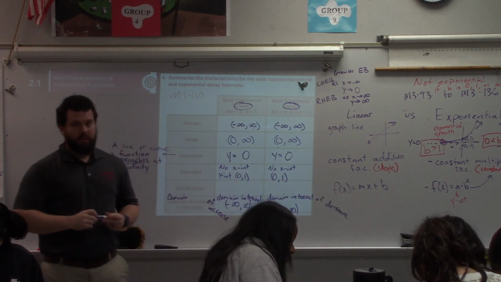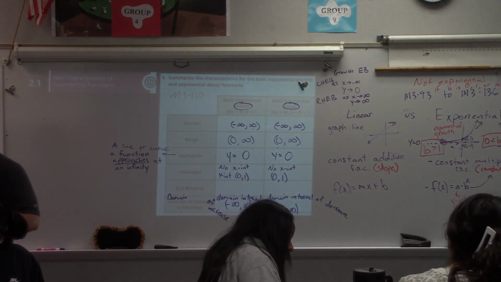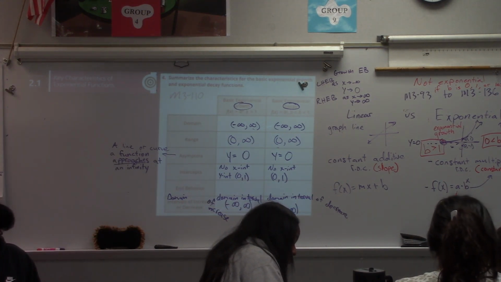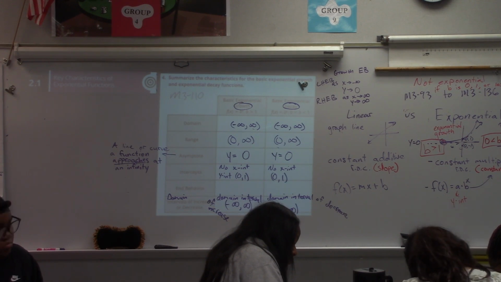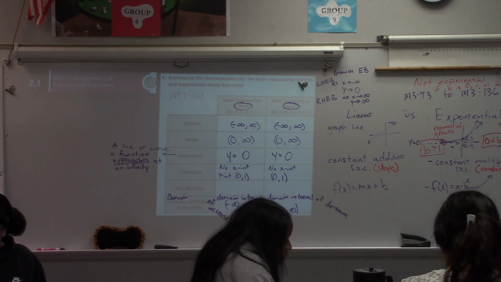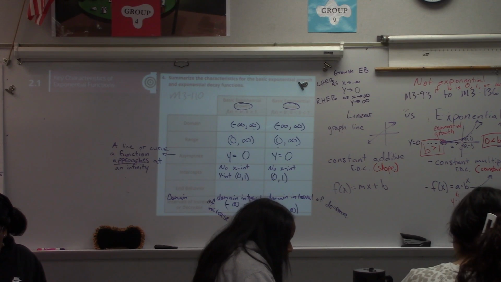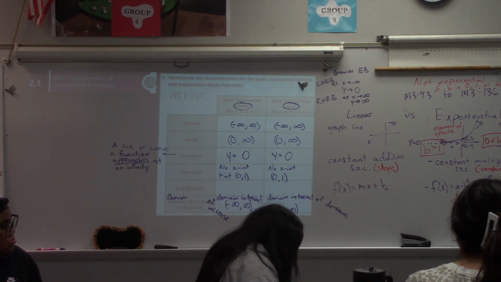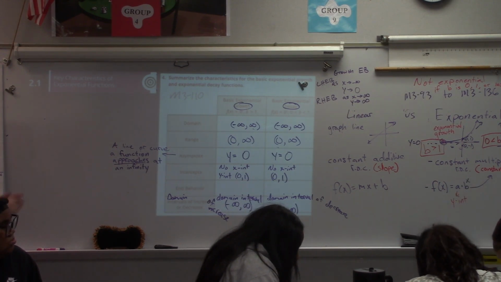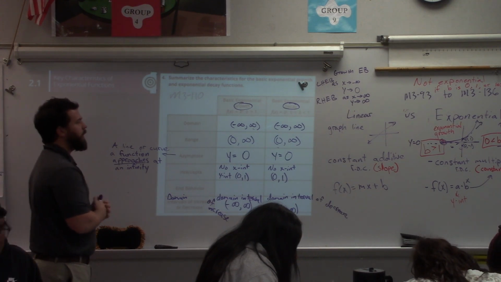And I need you to hear me very clearly on this. This is too much information to memorize. But if we understand our definitions, if we understand what the things mean, you can see it and you can write it out. You can't memorize what the asymptote is always going to be because it's going to change based on the function.